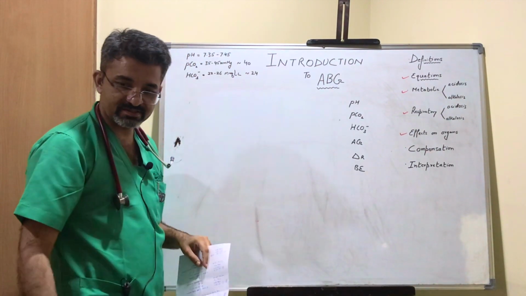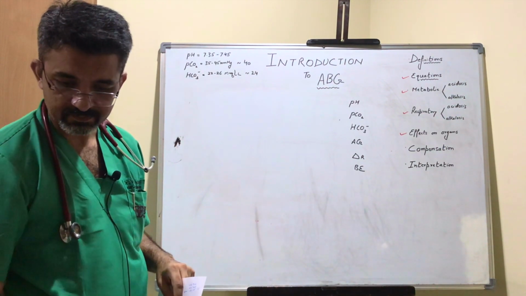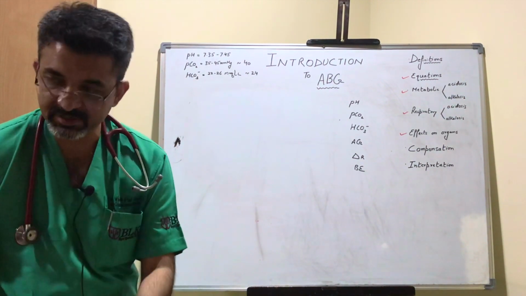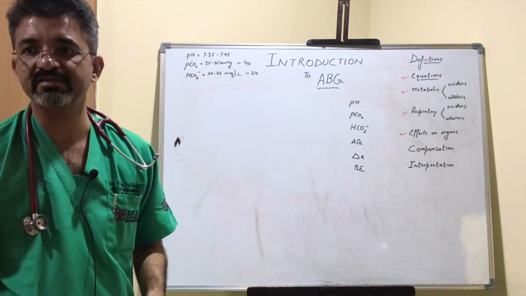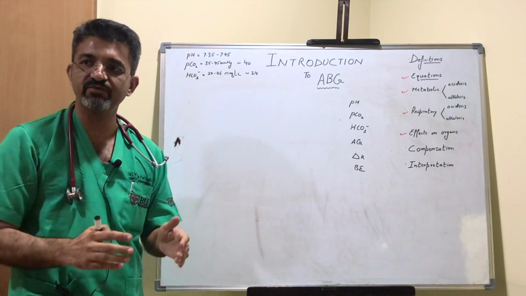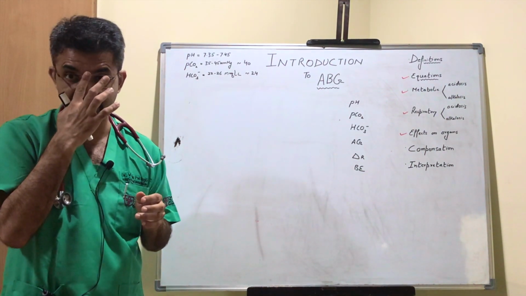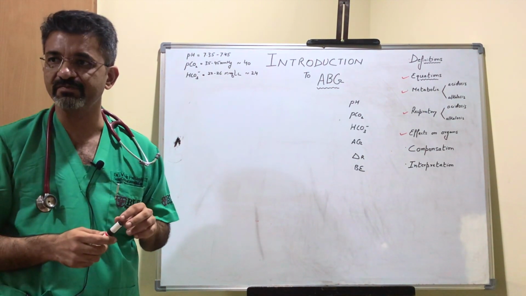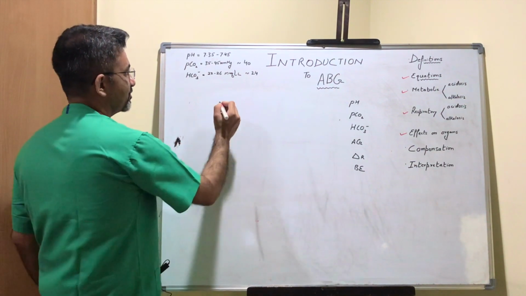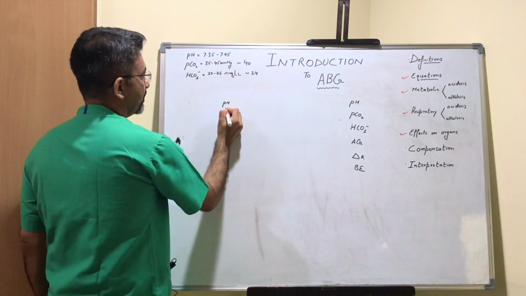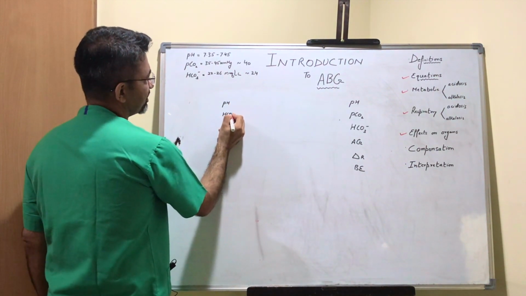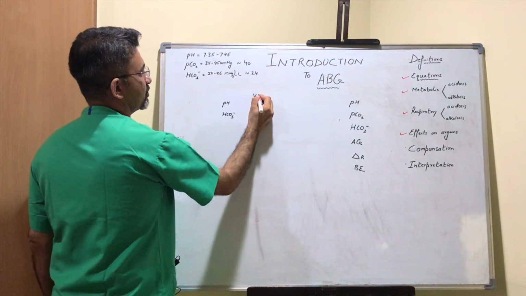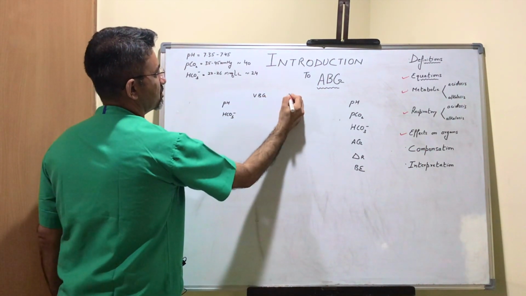Now a few words regarding VBG. You know, in emergency settings, VBG can be done safely. It's less painful to the patient, less troublesome, and demands less technical expertise. Anyone can do a VBG. In VBG, pH and HCO3 are nearly similar to your ABG.